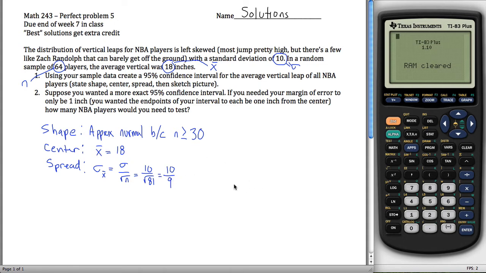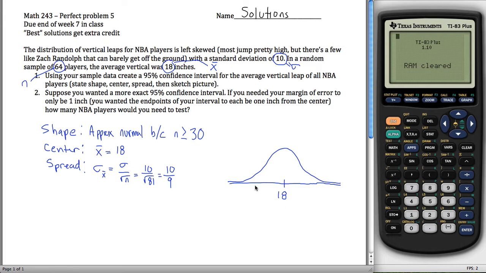And now that you've got the shape, the center, and the spread, we can draw the picture. Let me try again. I don't know if that's any better, but it's going to have to be good enough. There's my approximately normal distribution. I don't know the center, so I'll use x bar to estimate it here at 18.